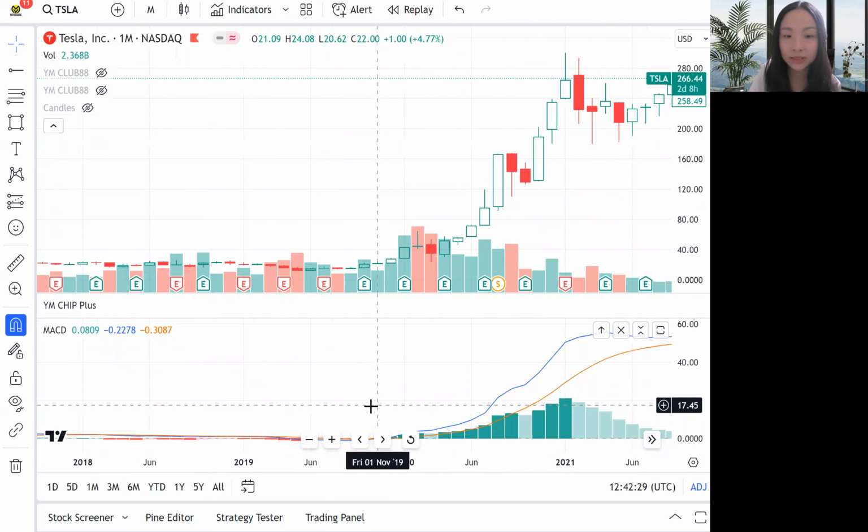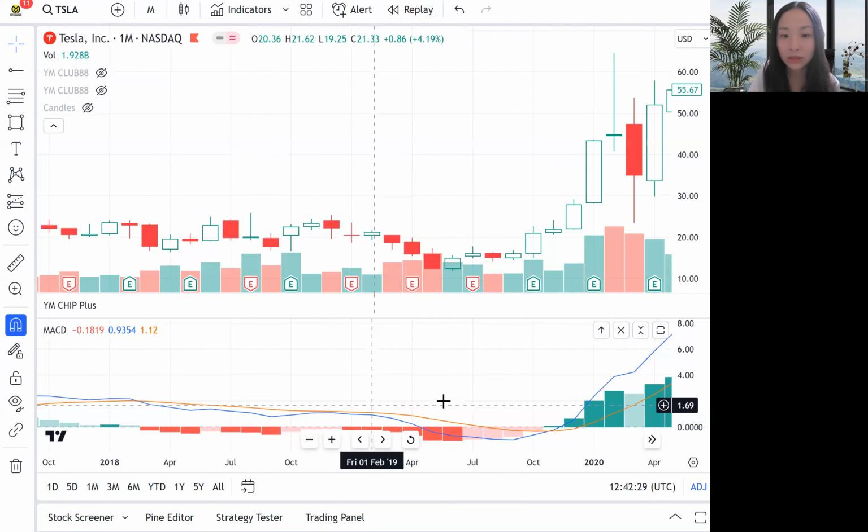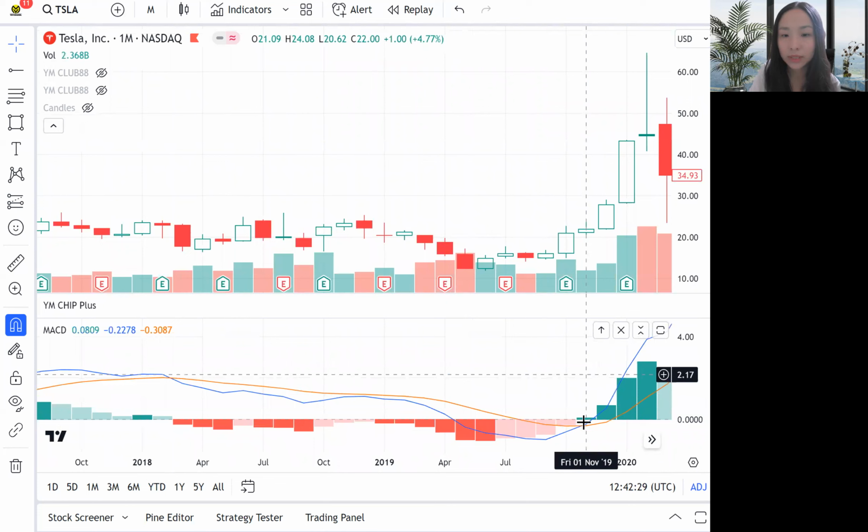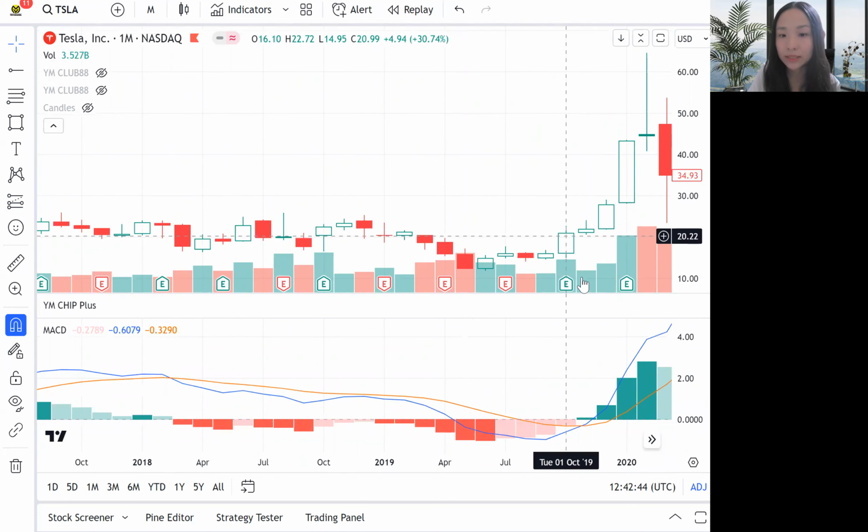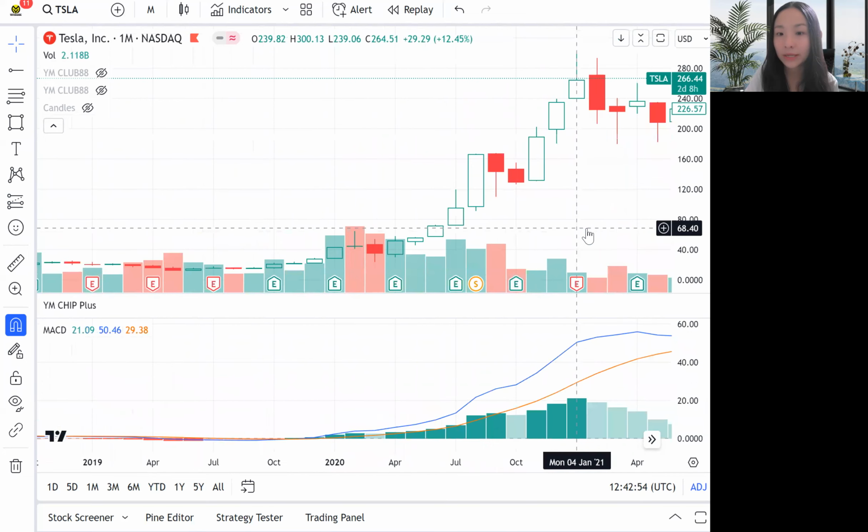The second golden cross is around this line. This one is below 0 and then goes above. At that time, the price is around $22, the highest price is 24, and then they go all the way up.